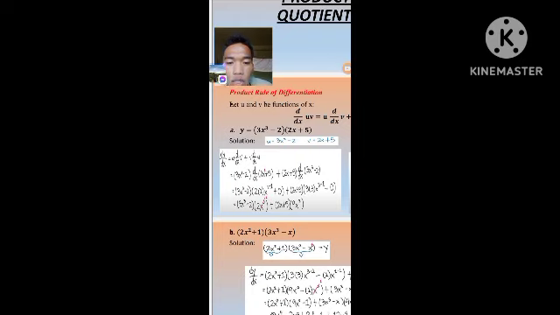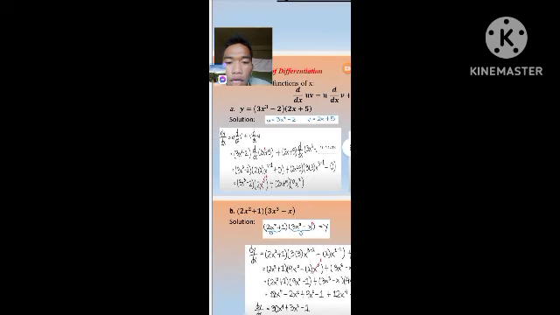Our u is 3x cubed minus 2, and then we're going to substitute the n, the constant like 2, and the x has a 1.